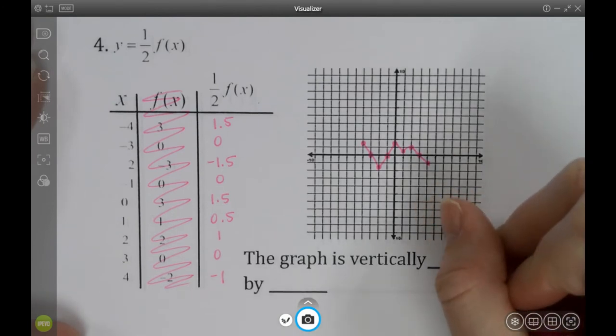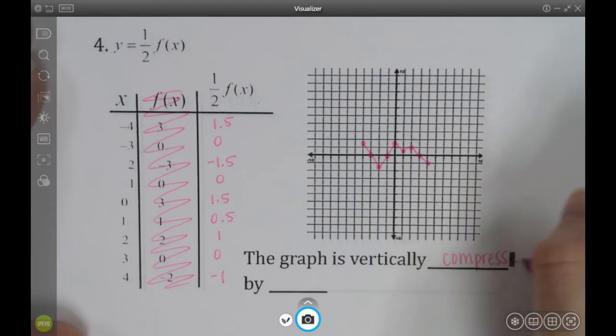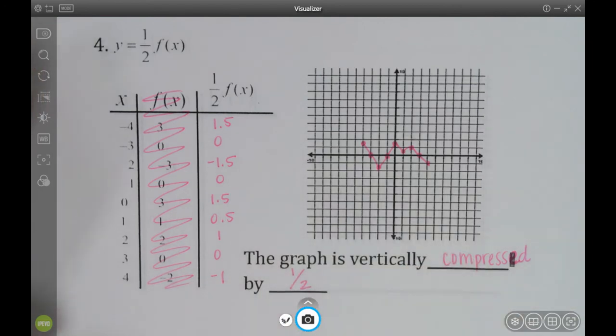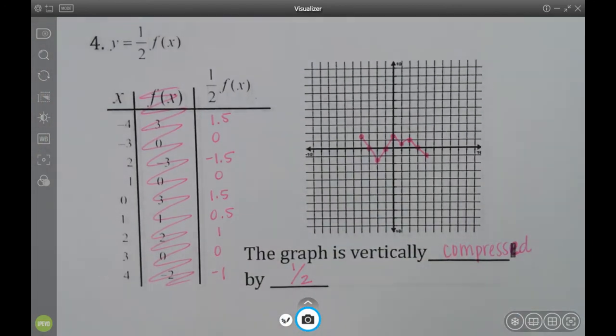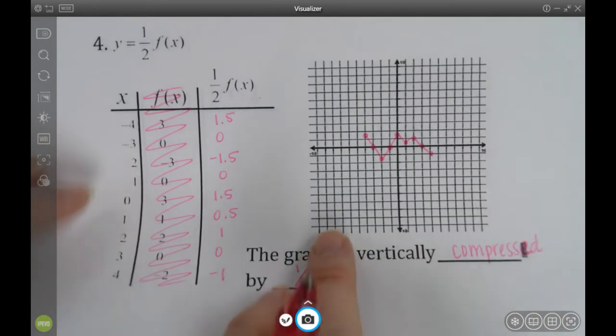So the graph is vertically compressed by a factor of 1/2, because we took it and we made it half as tall. So even though it was a little bit weird, it just got a little bit smushed, right?